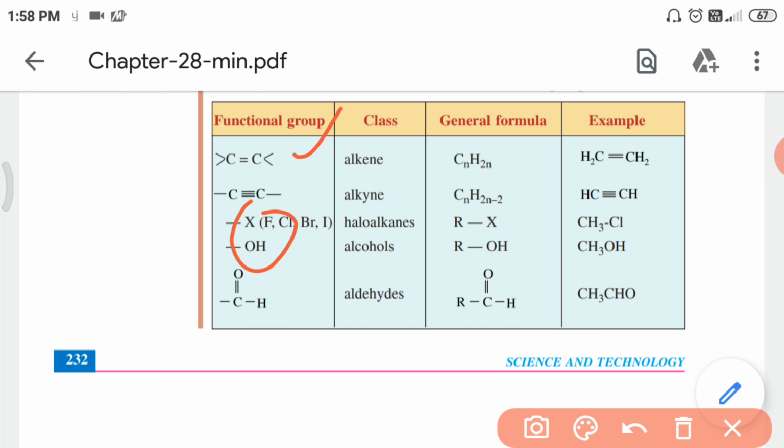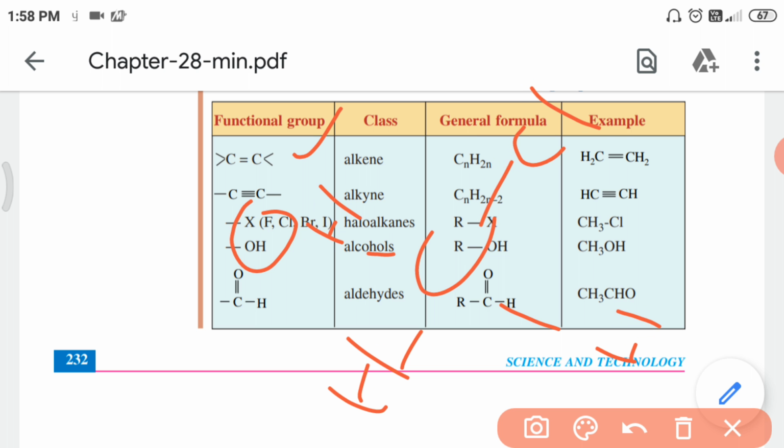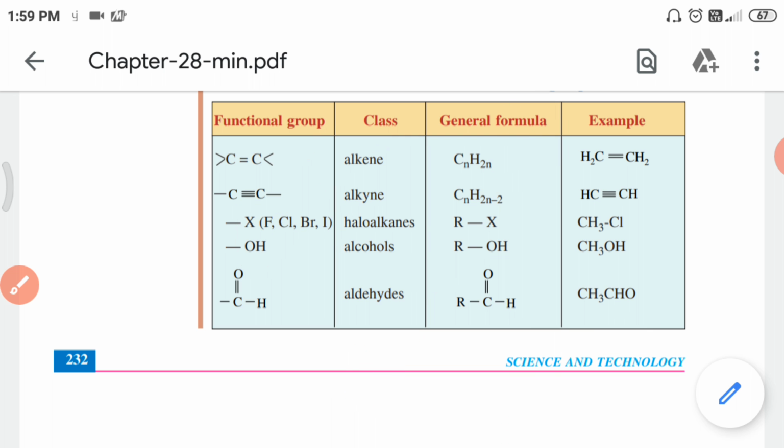This X shows the hydrogen atom which we remove. That means here we keep three hydrogen atoms and add a chlorine here. This X shows the hydrogen atom that we remove, or the atom we add here.